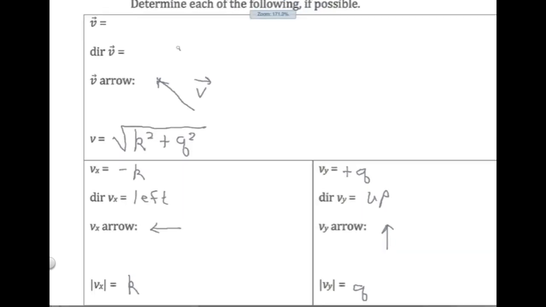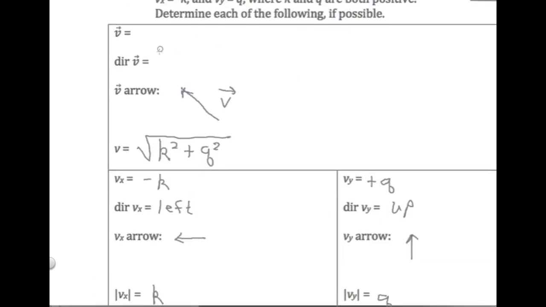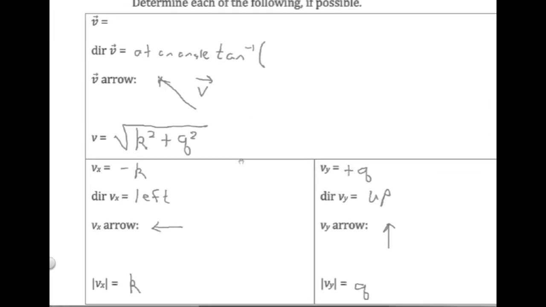And our arrow, all we know about this arrow is that it points up and to the left. And then our direction is at an angle inverse tangent Q over K.